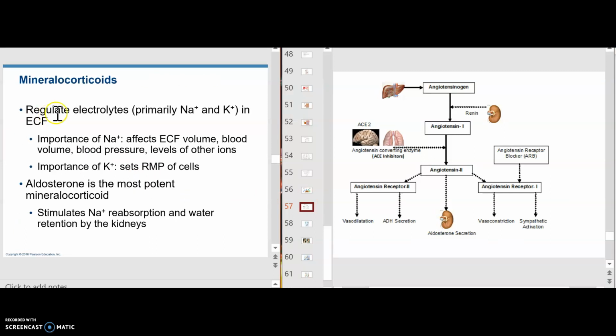So the mineral corticoids regulate electrolytes, primarily sodium and potassium, in the extracellular fluid. Remember, it's the sodium retaining hormone. The importance of sodium affects the extracellular volume and blood pressure, all discussed in cardiovascular. Aldosterone is the most important mineral corticoid, and we already talked about that.